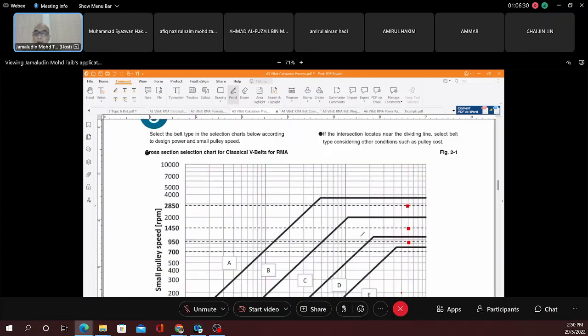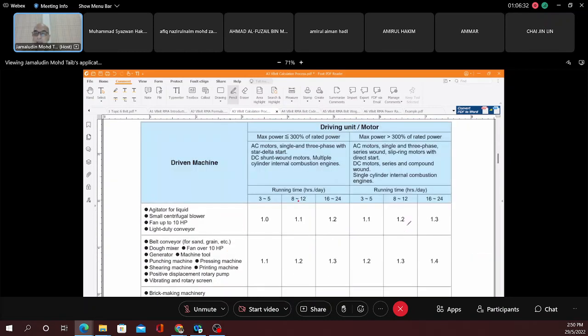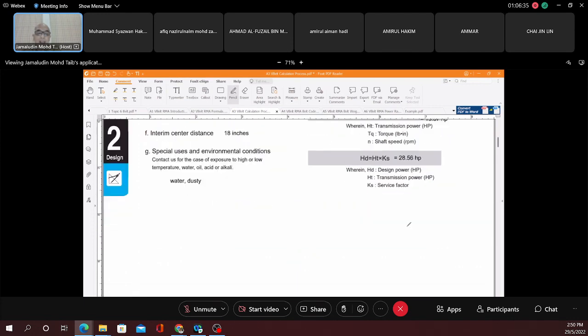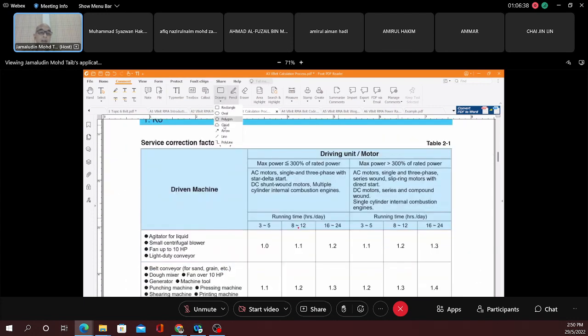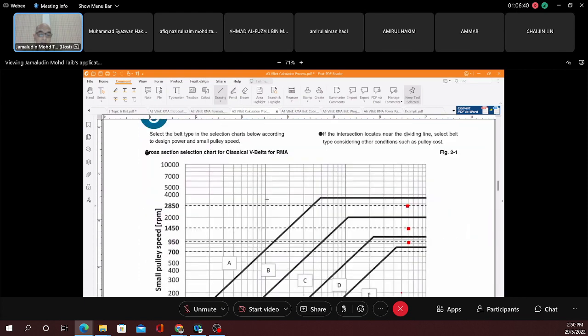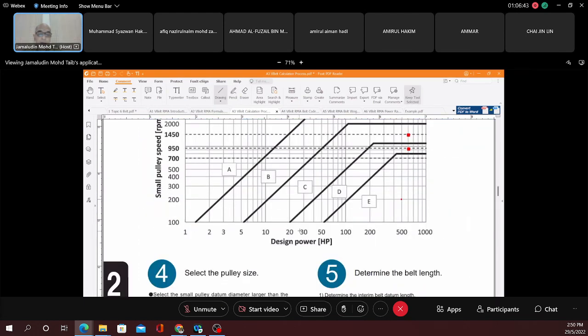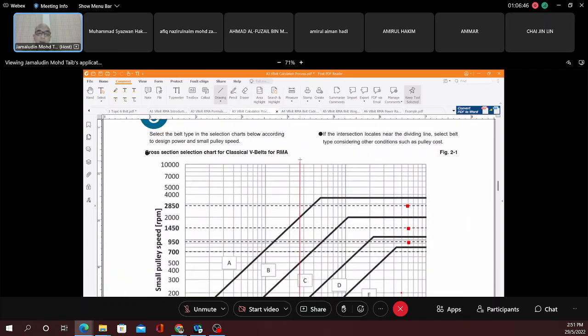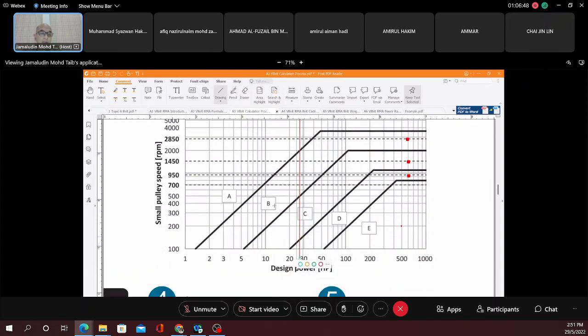Okay. Design power in our case is going to be 28.56. I just draw a line here. 28, 30, they're going to be in roughly the 20 area. Right, the RPM is going to be 500, the smaller pulley. I think this is 25, 28, we should get a bit here.